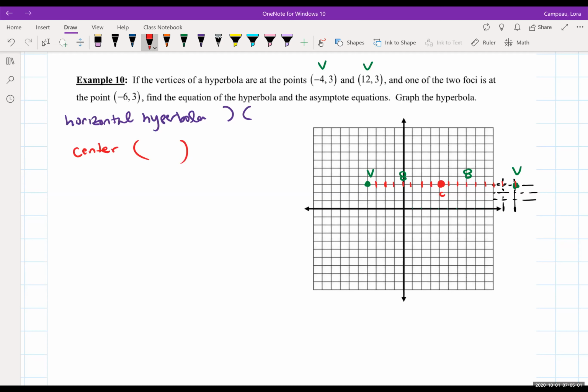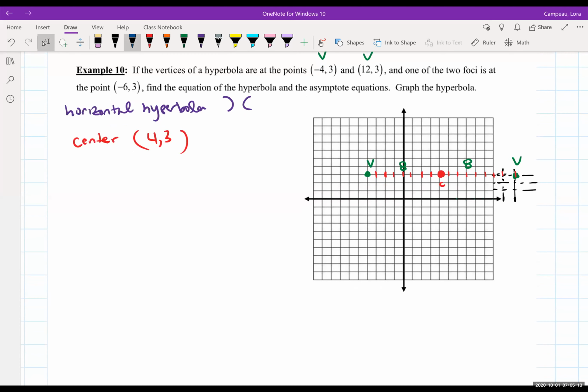If we want to name that, counting from the origin, that's 1, 2, 3, 4, 3. Okay. So you could say, well, if I know it's a horizontal hyperbola, I know that my x term comes first with the a squared. It's horizontal, not vertical. We'll go from there.